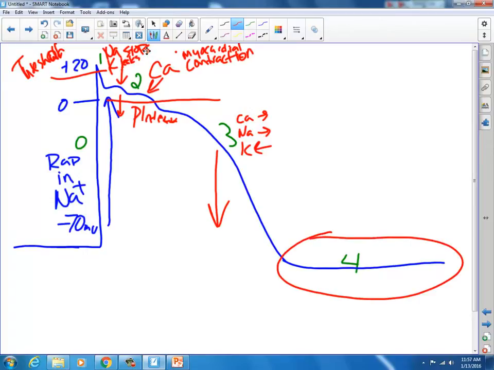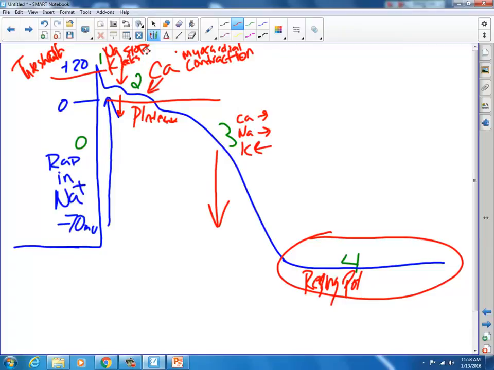Now, why is this represented as a flat line? This is our resting membrane potential, and we're back to where we were. We're negative intracellular, positive extracellular in the cardiac cell. Okay?